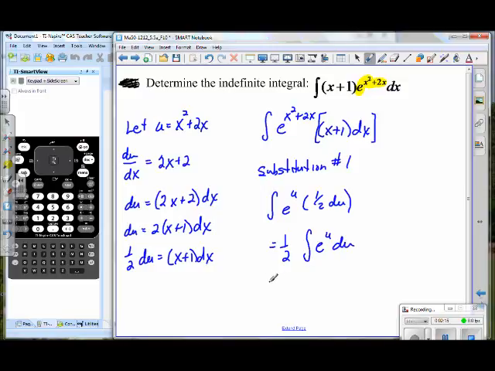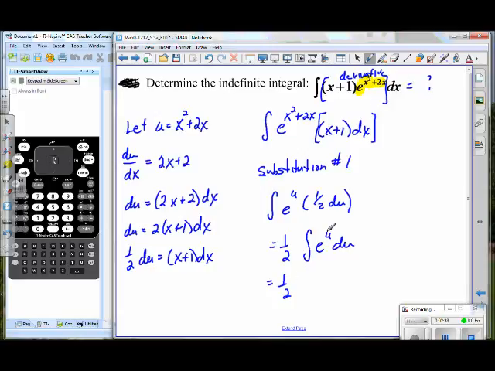Now we have a simple problem where we think, what is the function whose derivative is e to the u? Recall that all of this integrand is a derivative. And we are looking for what is the function that would yield that derivative.